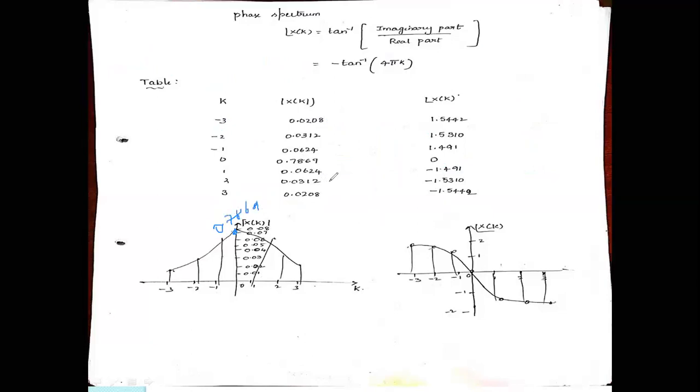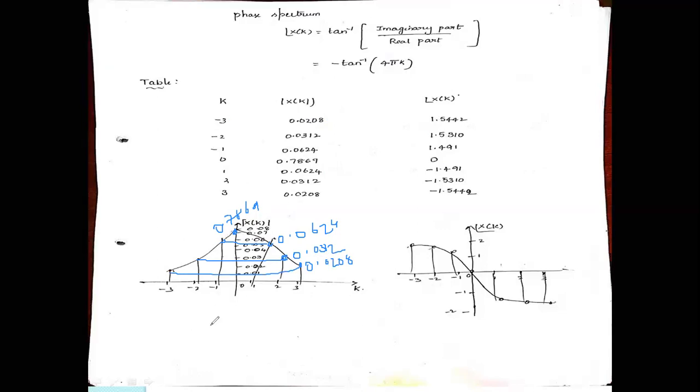It gradually decreases: at 1, 0.0624, and still it decreases. At 2, 0.0312. And at 3, still it decreases, 0.0208. And for the negative values also it is the same thing. These two are equal, and these two are equal, and these two are equal.